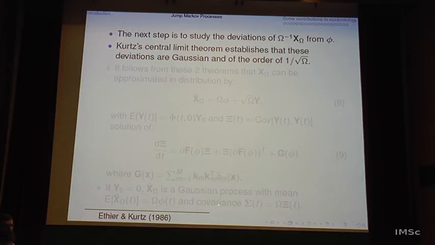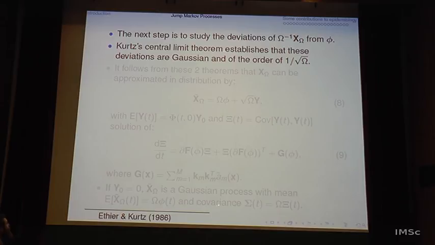And the second step is to study not only the large population limit, but also the deviation from this large population limit. That's when you rescale the process, the x divided by the population size, and look at how much it deviates from the deterministic solution.